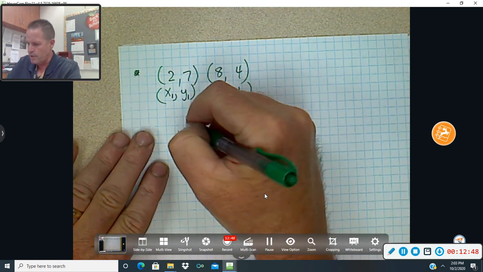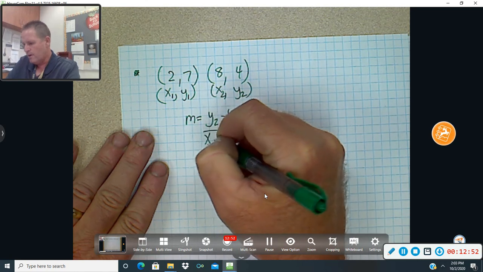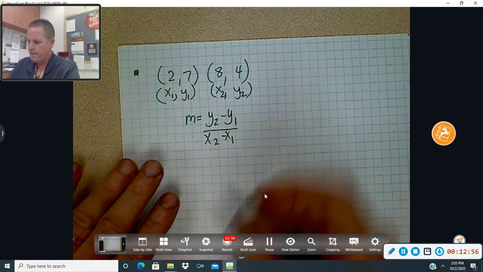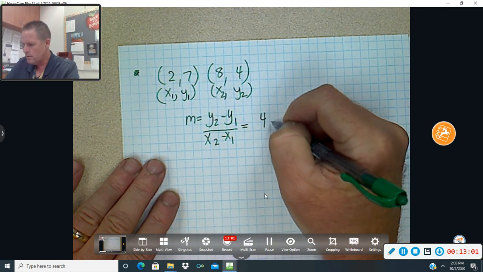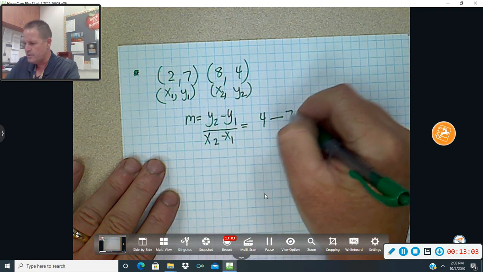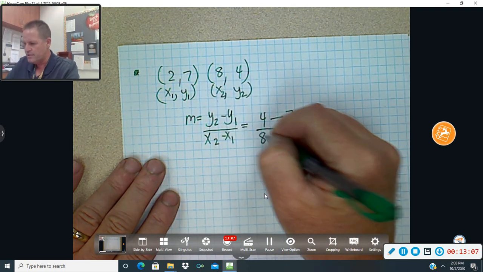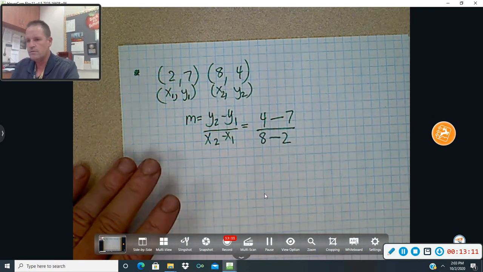So again, we're going to use our formula, y2 minus y1 over x2 minus x1. And so that's going to be y2 is 4. Subtract y1, which is 7. Put it over x2, which is 8. Subtract x1, which is 2.